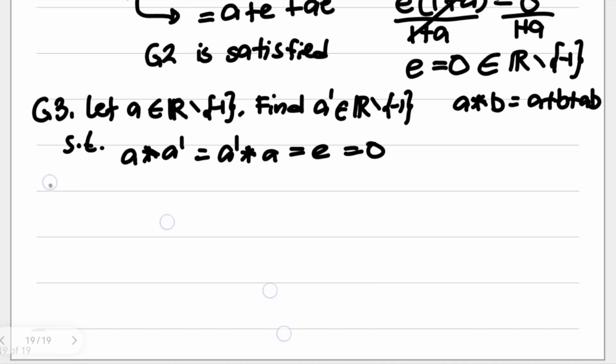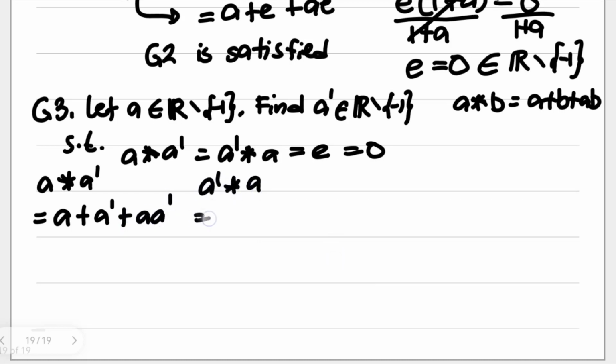So for the first expression, since our set has infinitely many elements, we're just going to have algebraic representations. So this would follow A plus A inverse plus A times A inverse. For the second, A inverse star A, you have A inverse plus A plus A inverse times A. Again, usual addition, usual multiplication, it's commutative.